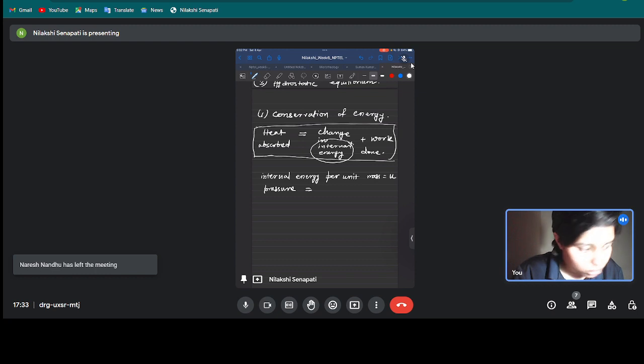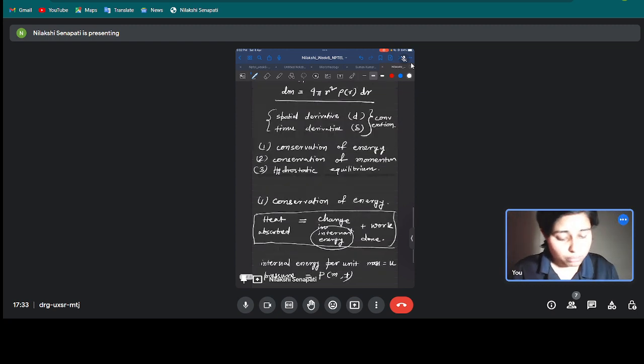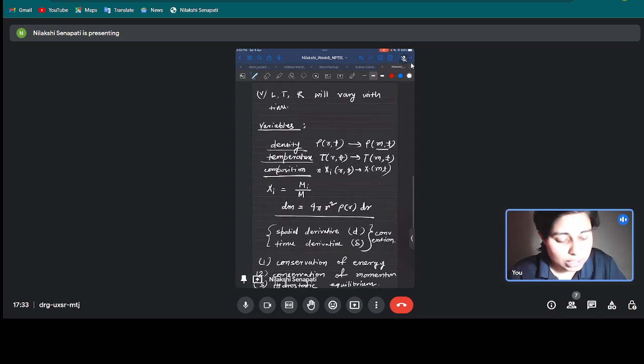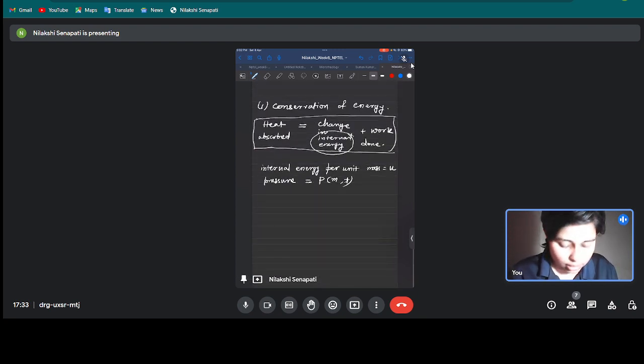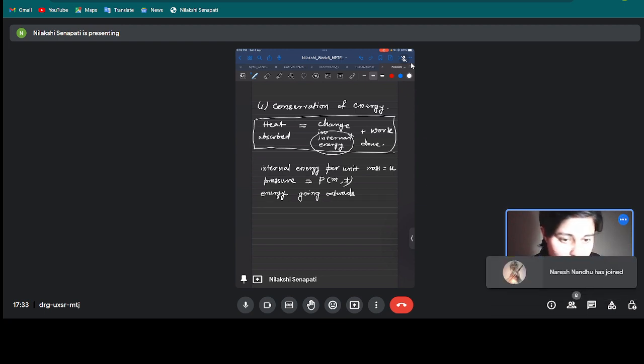Pressure is equal to P as a function of M and T. I have already told you, these are the main variables, M and T, and M and T means always R and T. Next is the energy going outward per unit time, that is equal to L as a function of M.